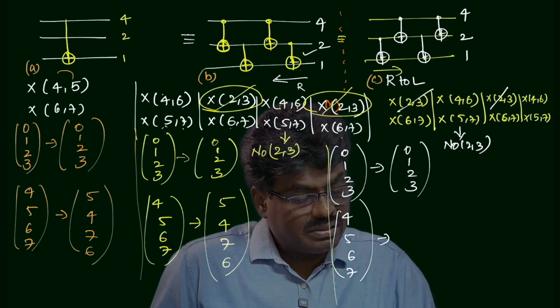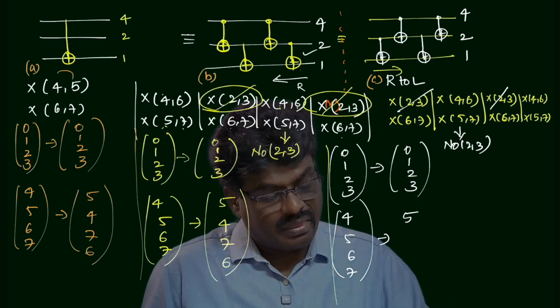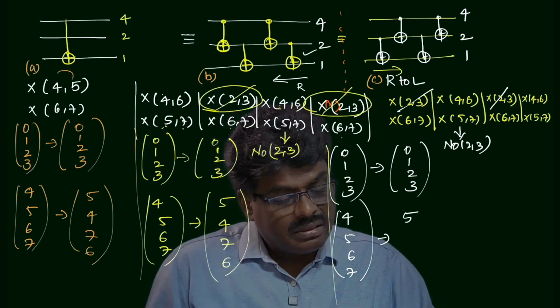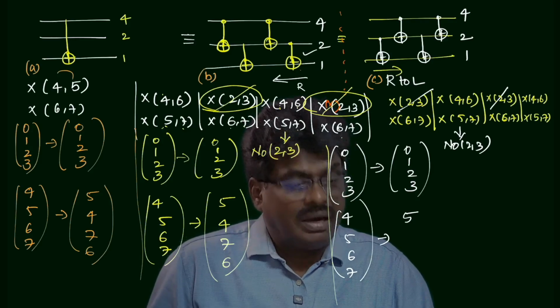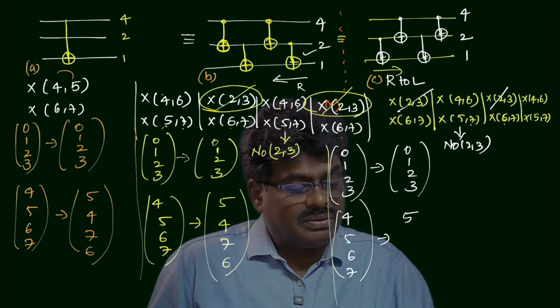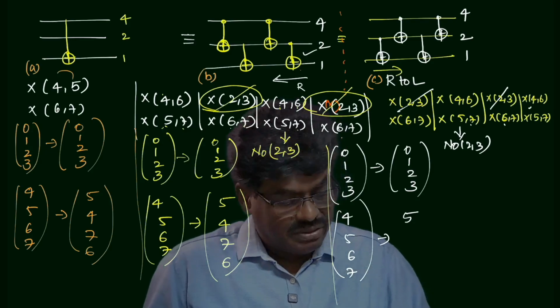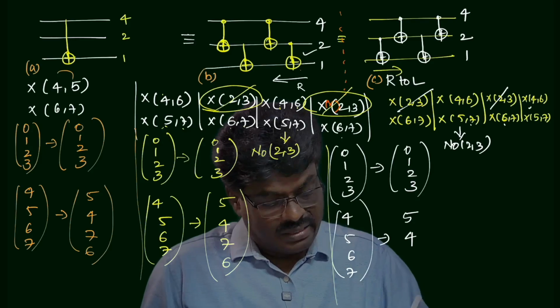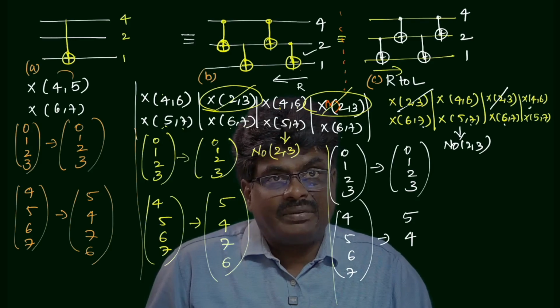4 to 6, 6 to 7, 7 to 5. Next 5. Here there is no 5, then go to the next. 5 to 7 and 7 to 6, and 6 to 4. Okay, so 4. Next 6. 6 to 7, see the second one, 7 to 5.